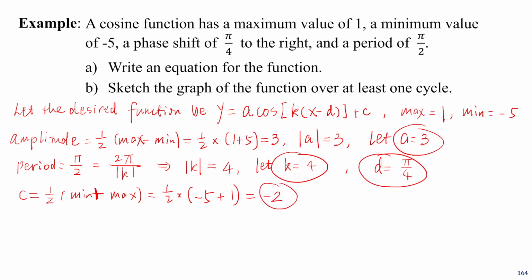So c equals -2. And therefore we know the desired function is y equals 3 times cosine of 4 times (x minus a quarter pi), then minus 2. That's an expression of the desired function, right?